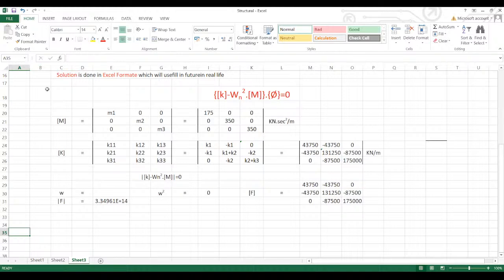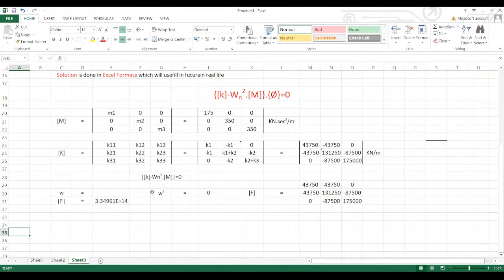This process is only possible in Excel, otherwise we have to solve completely. If we do it theoretically in our copy, you have K known, M known, and omega square unknown. You let omega square be equal to x, and then you solve and find the determinant. Then determinant is equal to 0.